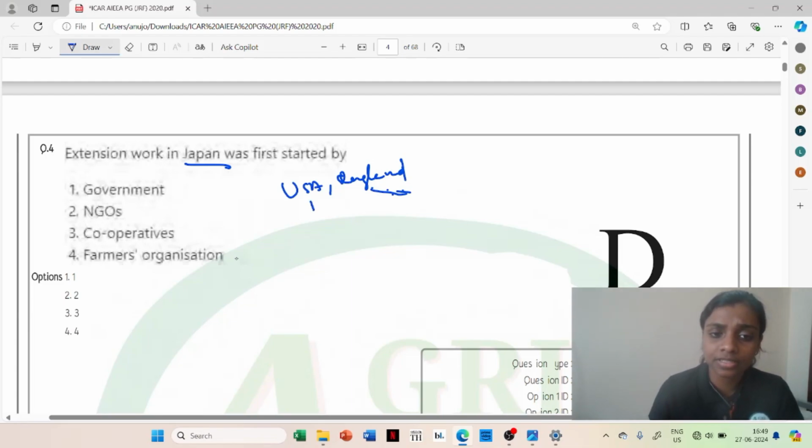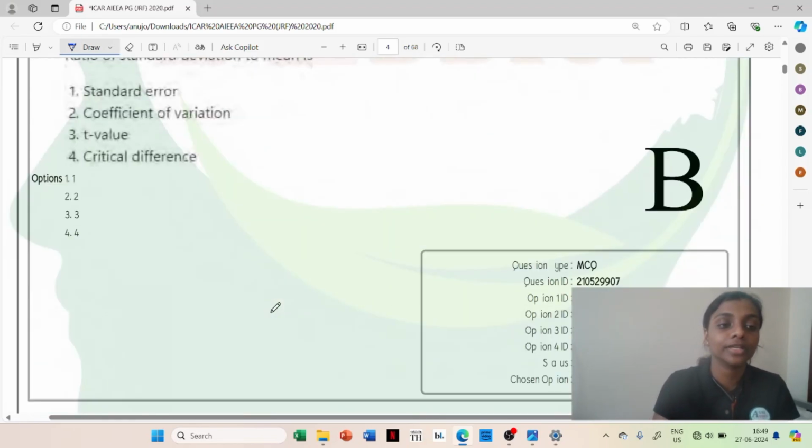In USA, the extension work is implemented at three levels: national level, state level, and county level. Like that, here it is asked extension work in Japan was started by. So the answer here is farmers organization. It's a factual type of question.